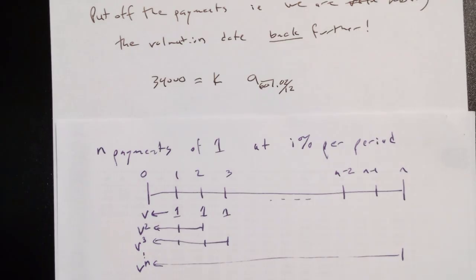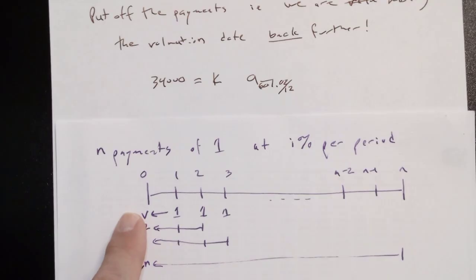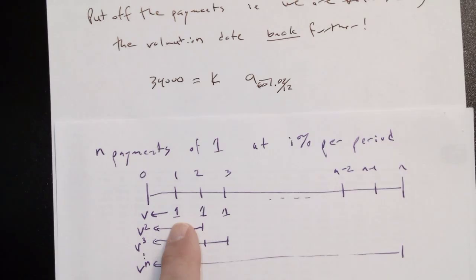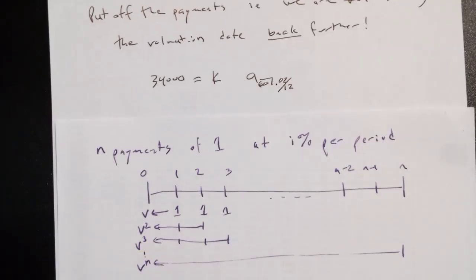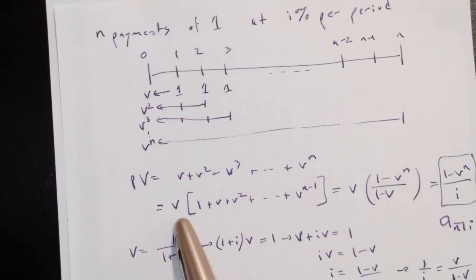So instead of just having a V, I'll get V to the 7th because I will have moved this back 7 times. And here I'll get V to the 8th, and here I'll get V to the 9th. So every one of these will have more V's on it, right? That means when I do this factoring, I'll factor out 6 more V's.